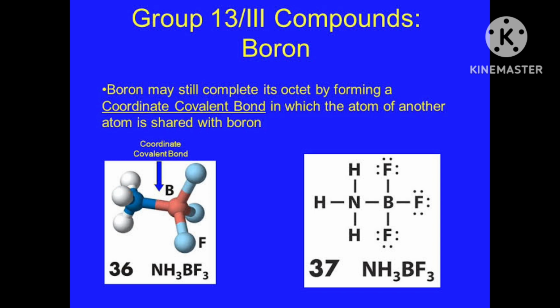The balanced reaction is 4BF3 plus 3LiAlH4. It gives 2 molecules of B2H6 plus 3 molecules of lithium fluoride plus 3 molecules of aluminum fluoride, AlF3.